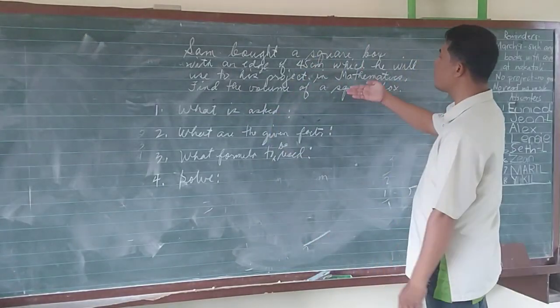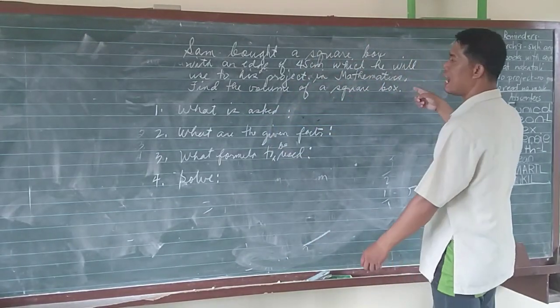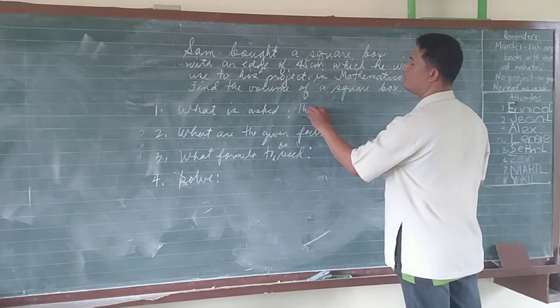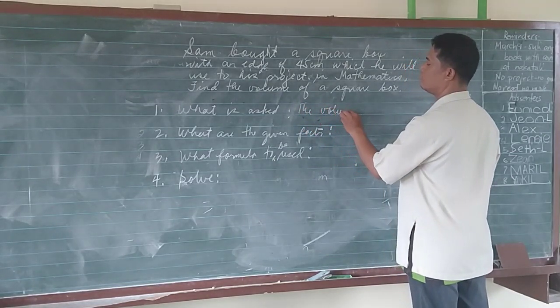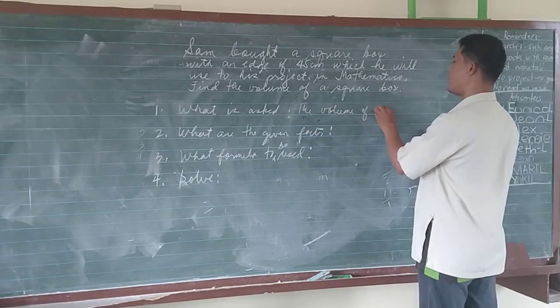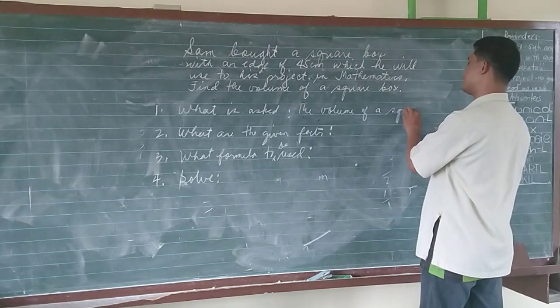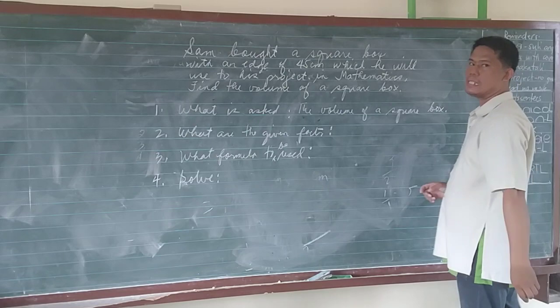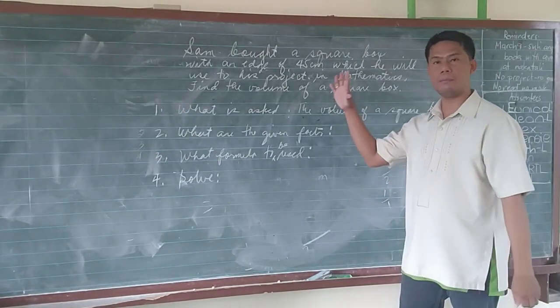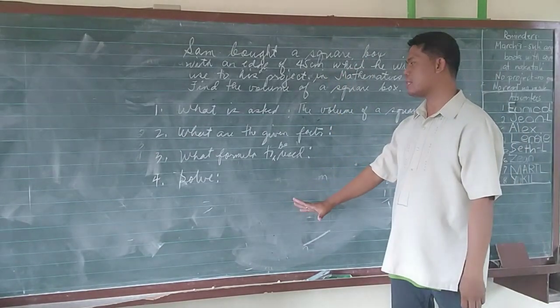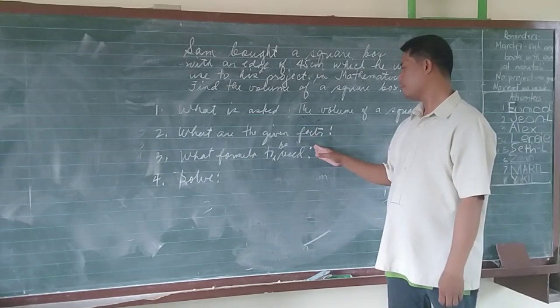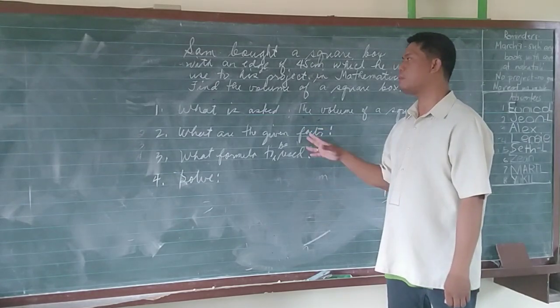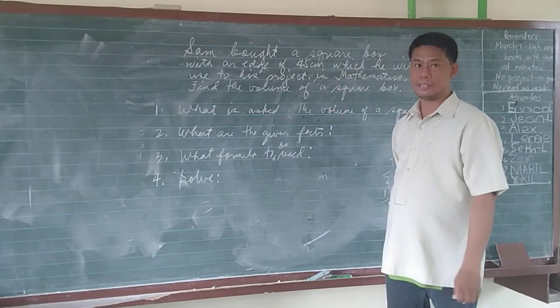So let's have this. What is asked? So it's asked the volume of a square box. Diba? It's very easy lang. Madali lang siya gumawa ng problem. Then madali lang din mag-answer using the strategies because you know how to get the answer.